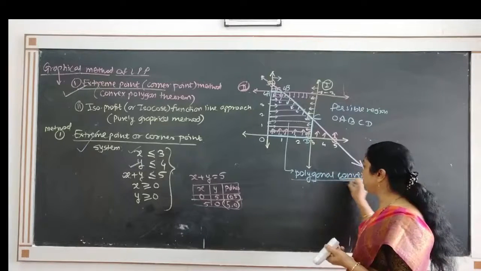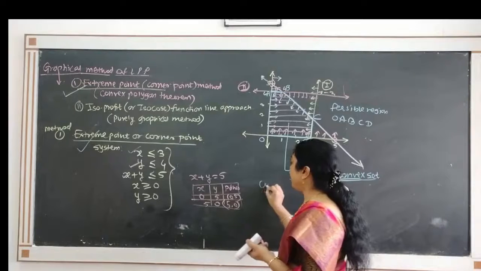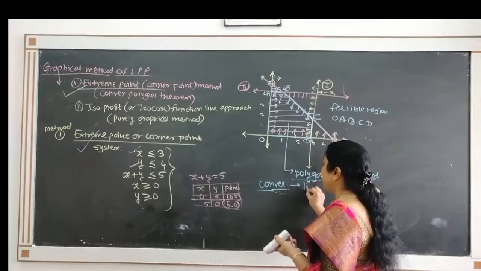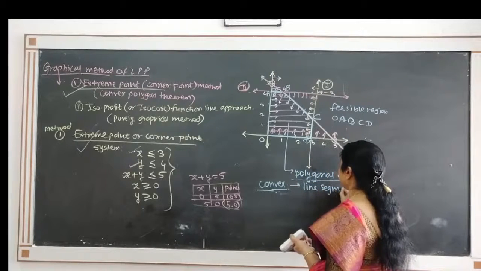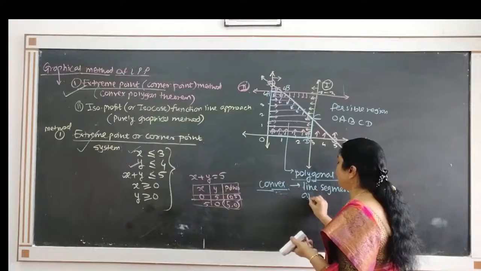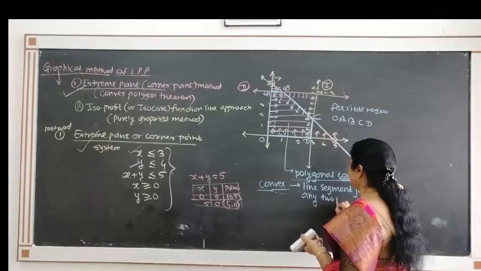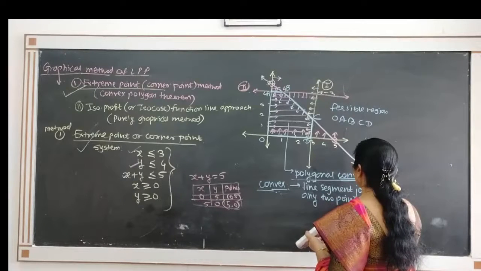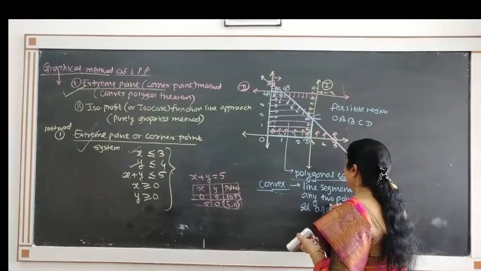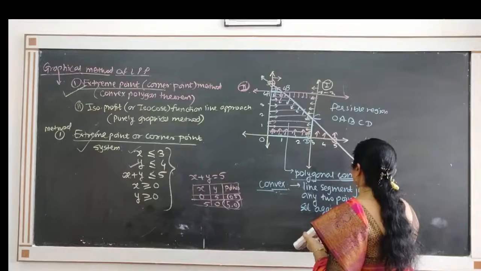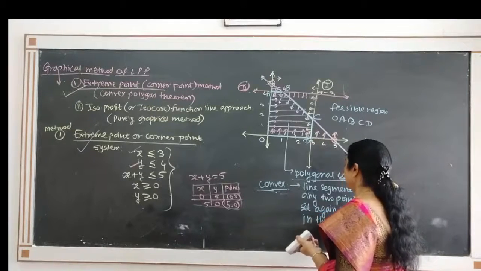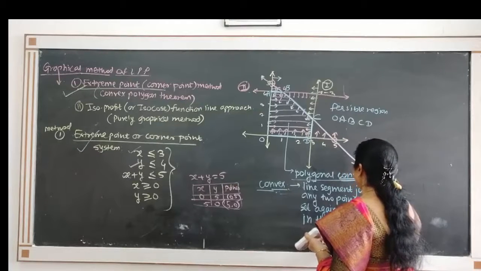What is meant by convex? Convex means if you take any two points in the region or set, and the line segment joining any two points of the set again entirely lies in the same set, we say that that set is a convex set.